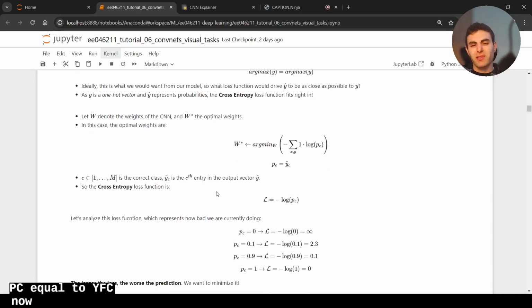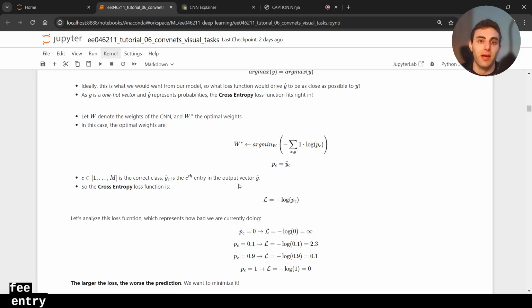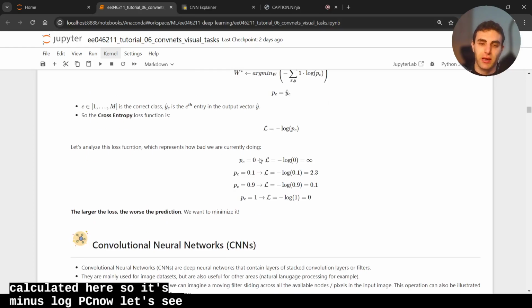Now, what happens in practice? If we have m classes and the correct class is the fifth entry in the output vector y hat, the cross entropy function is just what we calculated here: minus log PC. Let's see what this means.